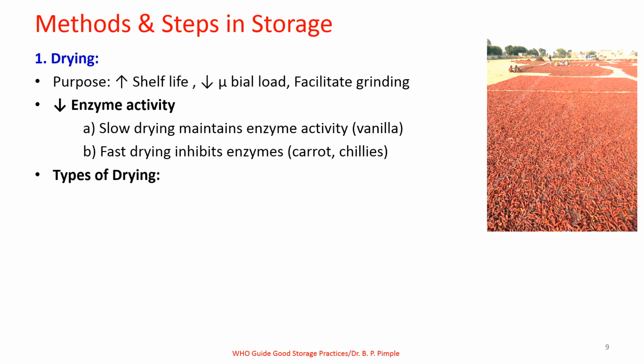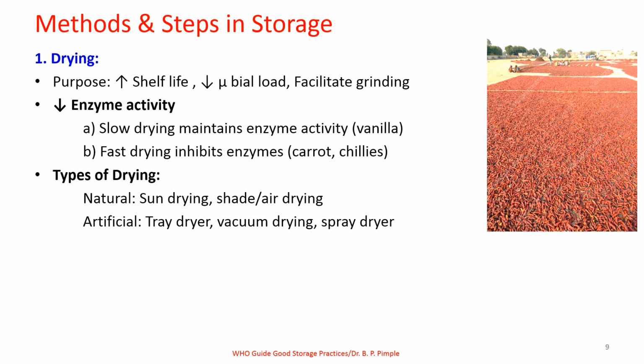Various types of drying are like natural drying, which makes use of sun drying directly. Sun drying is preferred in case of chili, and shade drying or air drying is preferred in case of volatile oil containing drugs like pepper or cloves.